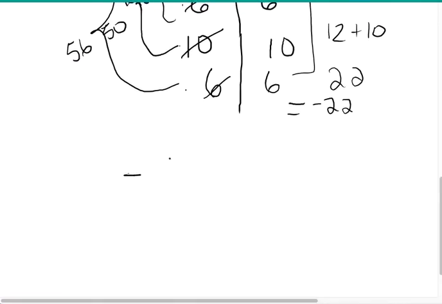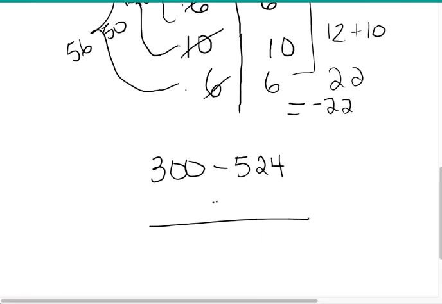Let's say we have negative, sorry, we're going to go with positive numbers here. I meant to say positive 300 take away 524. So again, students can write down their chart. We're taking away, so we don't write down the second number.